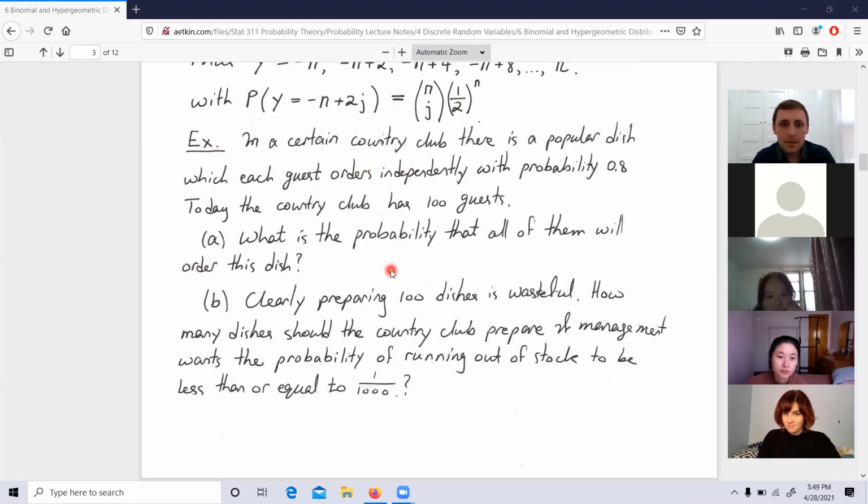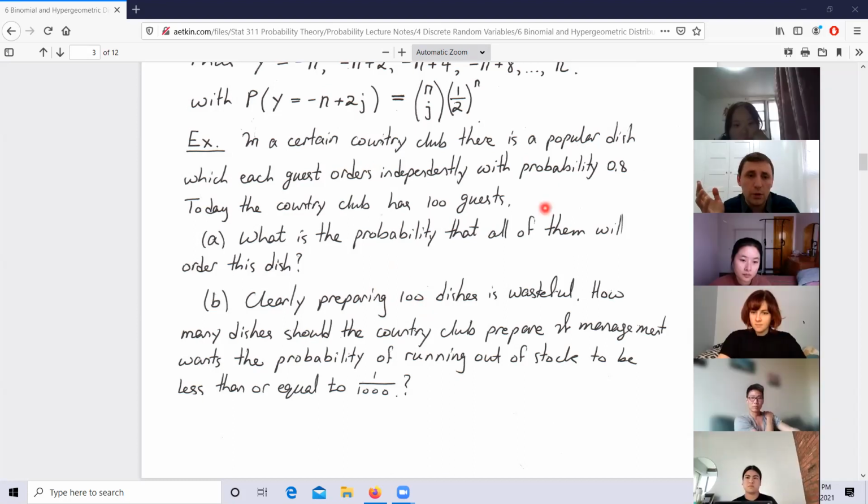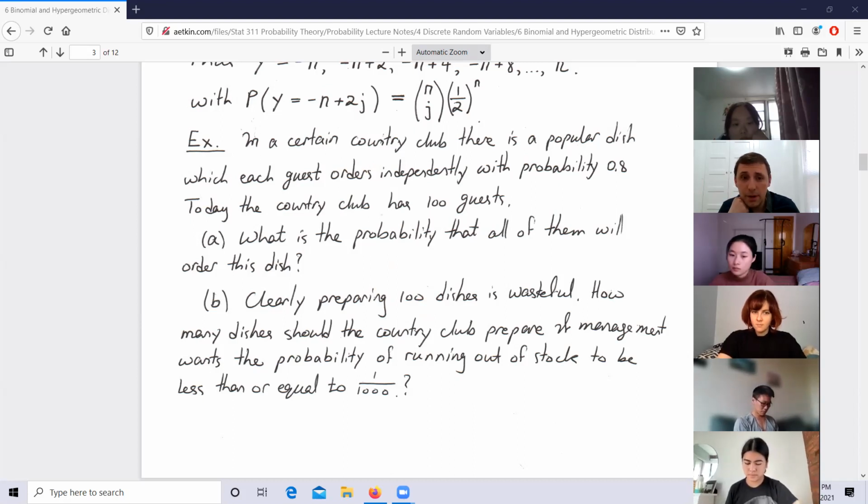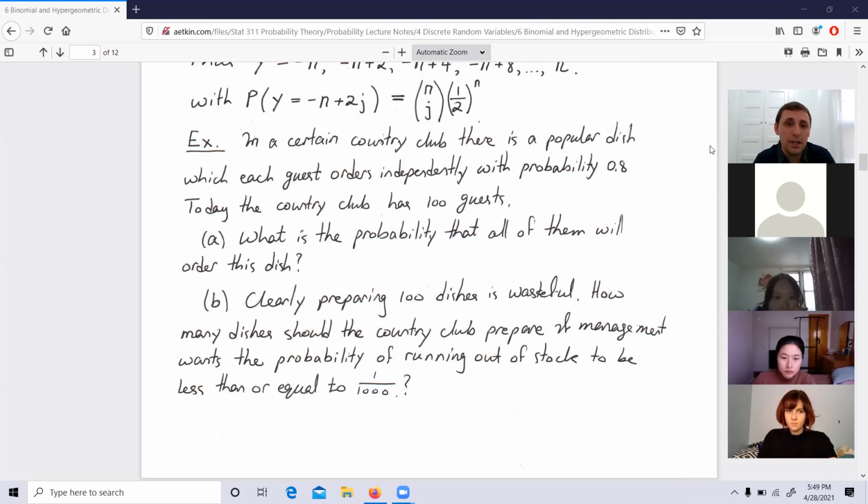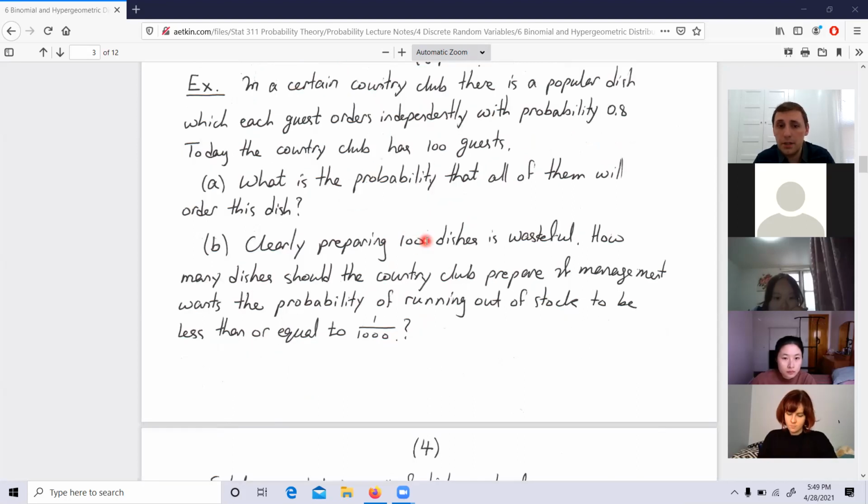Now, it's very wasteful, of course, to prepare 100 dishes because they're not all going to order. 0.8 to the power of 100, correct? It's just a very small number, you can calculate it. So it's wasteful to prepare 100 dishes.